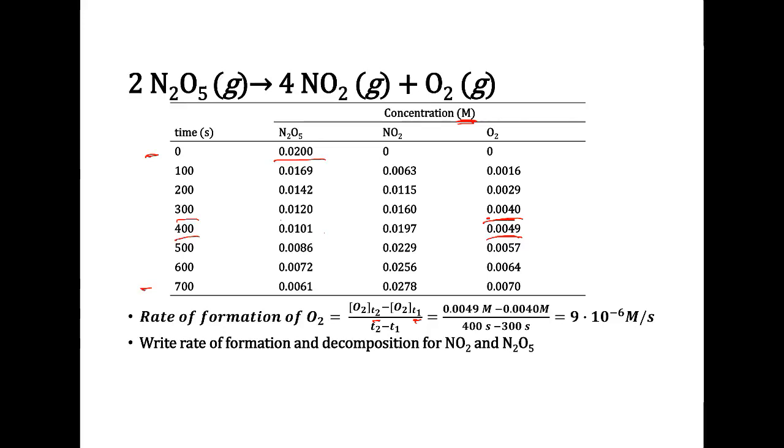Well, how are you going to find the rate of decomposition or formation for nitrogen dioxide or dinitrogen pentoxide? Well, for the formation of nitrogen dioxide, let's go ahead and just use the exact same time step. So we'll use that 0.0197 molarity minus 0.0160 molarity, all divided by the time step.